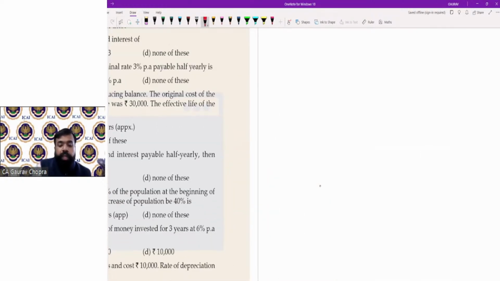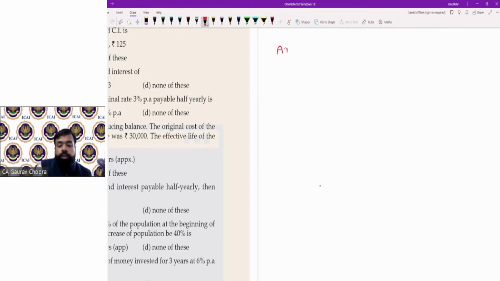So in the formula we had done, amount is equal to principal, 1 plus I, whole to the power of n. This was the normal formula for amount. Now in place of amount we have to calculate scrap value, that is the residual value of the asset. So scrap value.